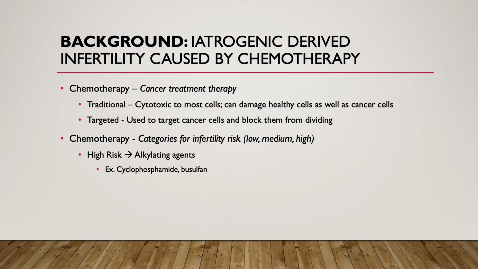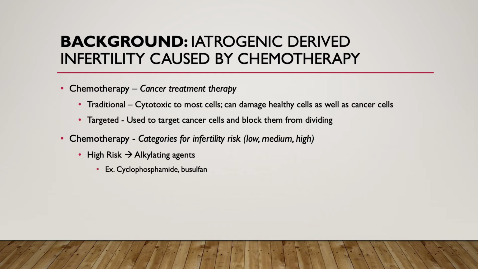As most of us know, chemotherapy, sometimes used in combination with radiation, is the most common form of cancer treatment performed today. Chemotherapy can be designed to damage healthy cells as it kills cancer cells. This is known as traditional chemotherapy. Or it can be targeted, where chemo is used only to kill cancer cells and block them from dividing and therefore spreading.